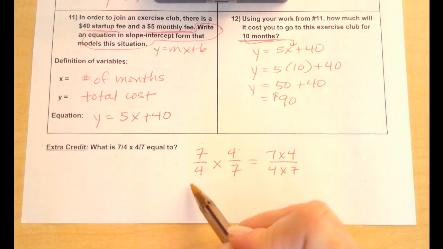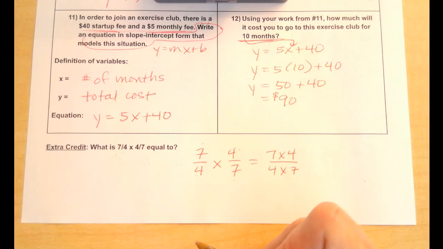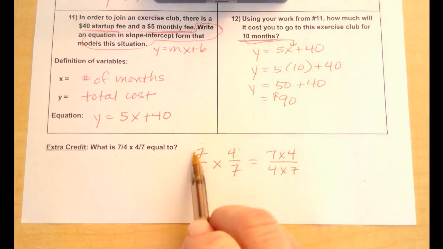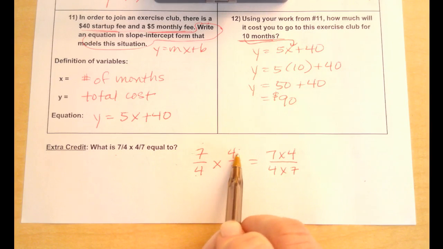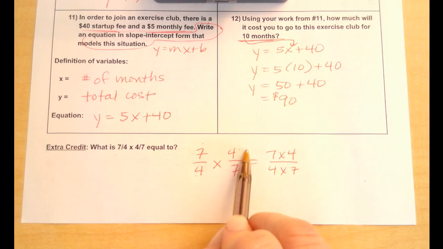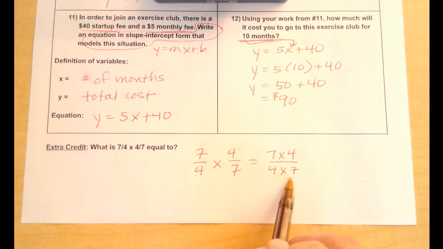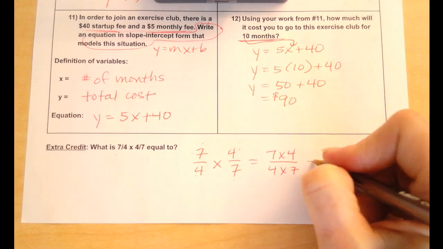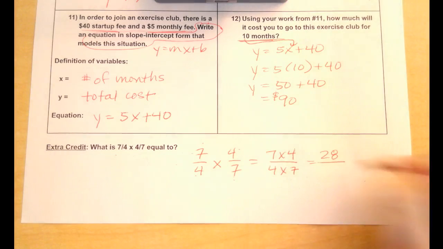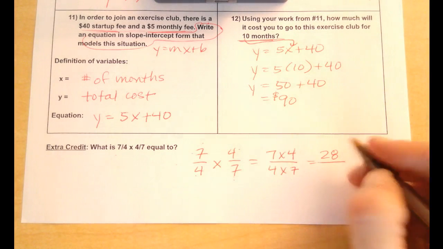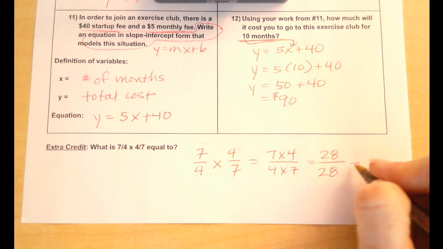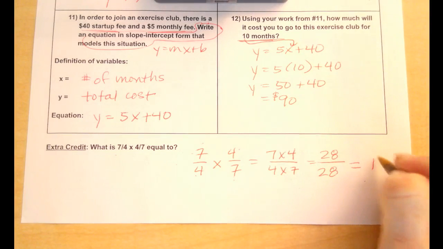We're not going diagonal. That only happens when we do a proportion. This is just multiplication of fractions. Multiply across the top, multiply across the bottom. So I end up with 7 times 4, 28, over 4 times 7, and 28 over 28 is just 1.